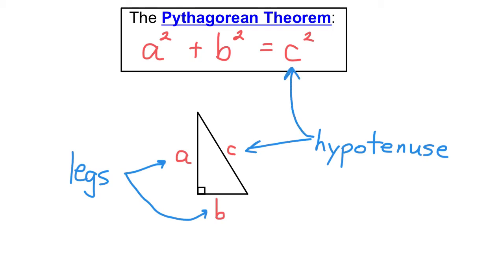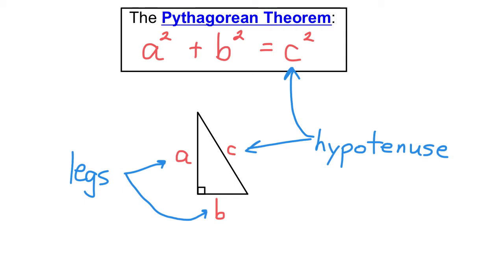If you don't put it in the right spot, then your calculations are not going to work. So commit this to memory: a squared plus b squared equals c squared, where c is the hypotenuse. A and b, the order doesn't really matter. They are just the other two sides, the legs of the triangle.